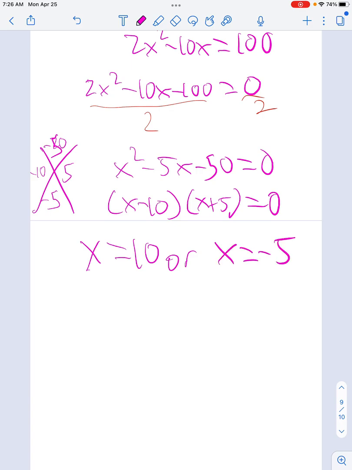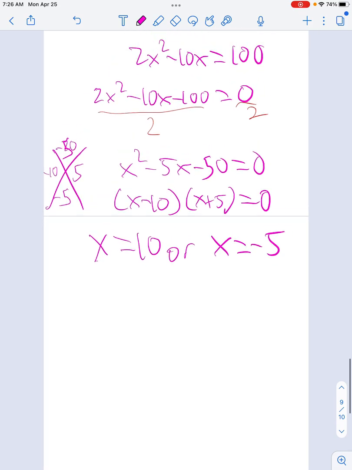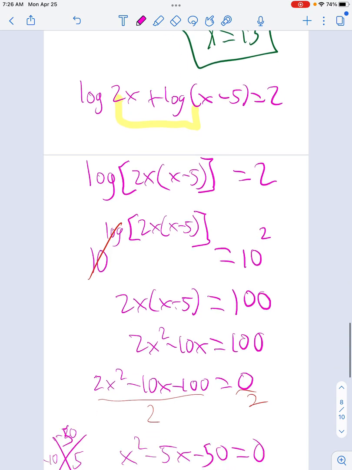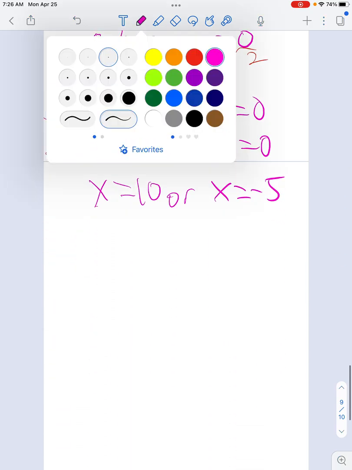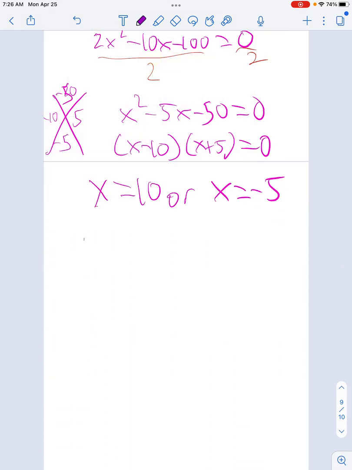But now we have to check that these work. So if I plug in each answer to my original equation, when I plug in a 10 and I simplify, again, log 2 times 10 plus log 10 minus 5 equals 2.